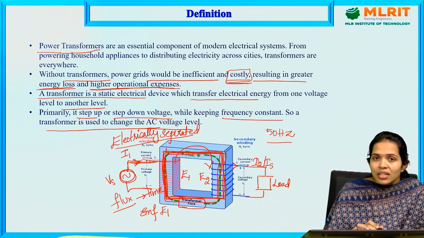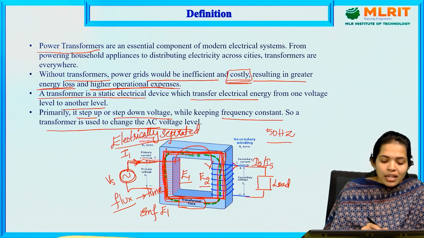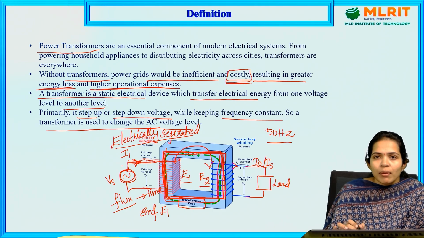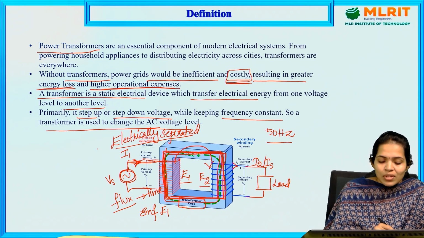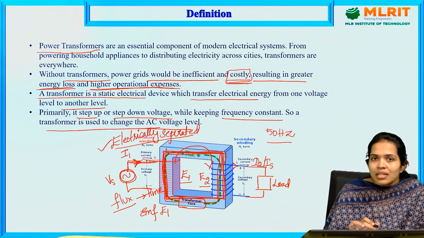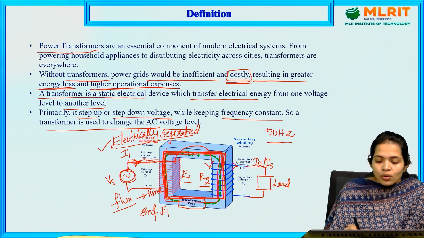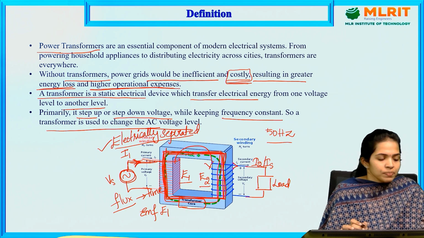As they are electrically separated, there are separate induced EMFs in both the primary circuit and secondary circuit, and there are also different currents I1 and I2 in both primary and secondary part of the transformer. So that is the reason we say that the windings are electrically separated but magnetically coupled on a common magnetic core, which is nothing but called a transformer.